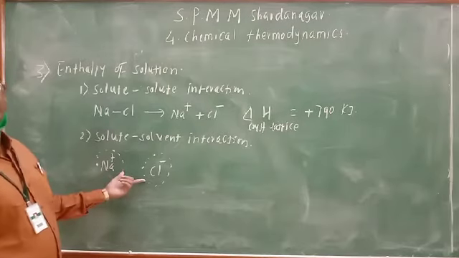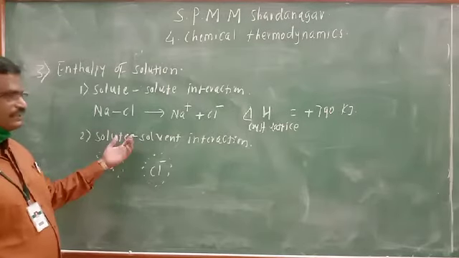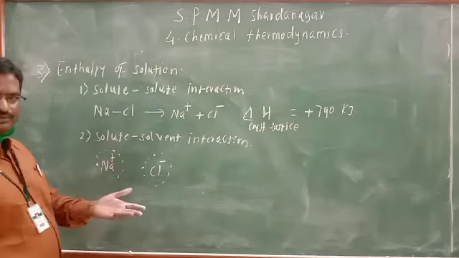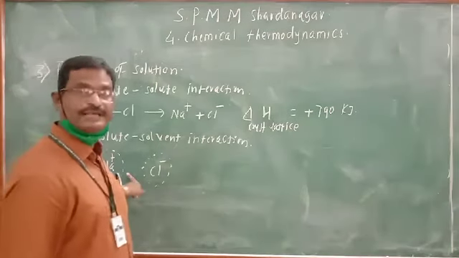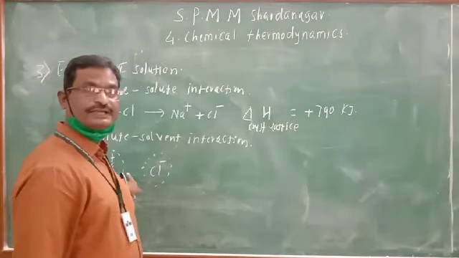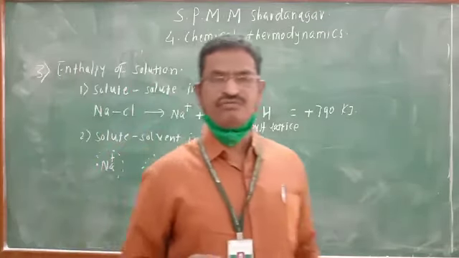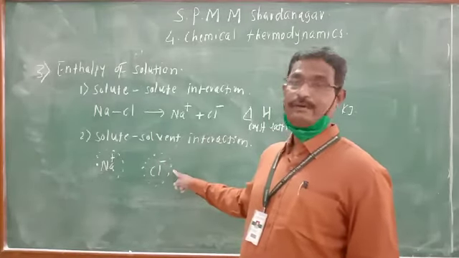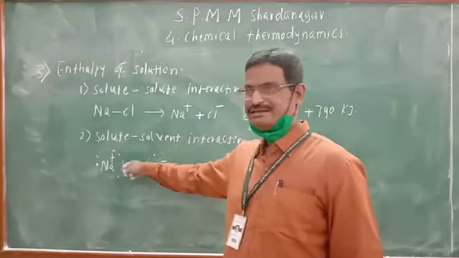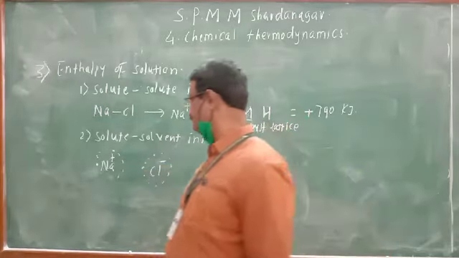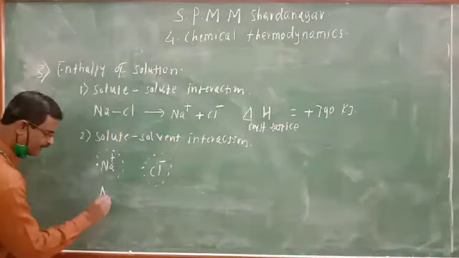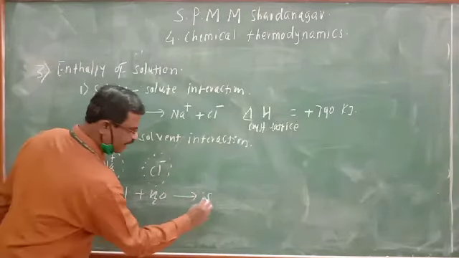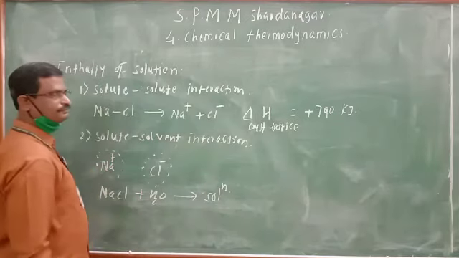That is known as hydration. If water is used as a solvent, it is the hydration process. If other solvent is used, that process is known as solvation. Solvation is the process where solvent molecules form the covering around each and every solute particle. So here, since water is used, it is the hydration. Whenever NaCl is added to the water, hydration takes place and solution is obtained.